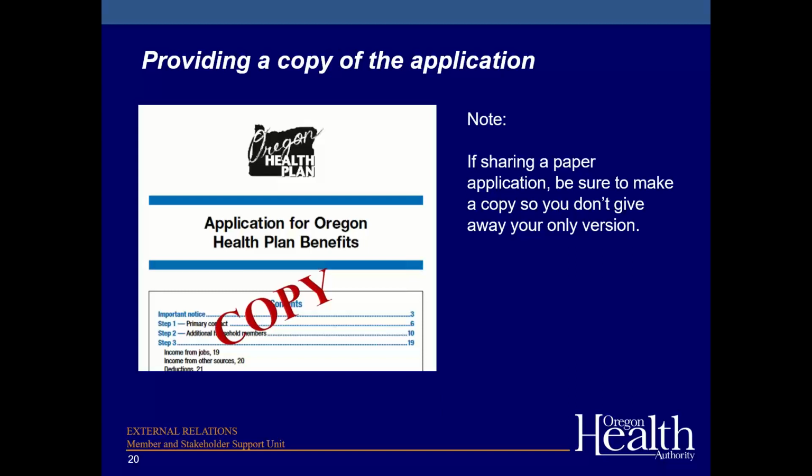Let's see here. We got some answers. So someone asked if someone is applying on behalf of a deceased person, in that case, who needs to see the rights and responsibilities and the notice of privacy practices? And the answer is whoever is signing.